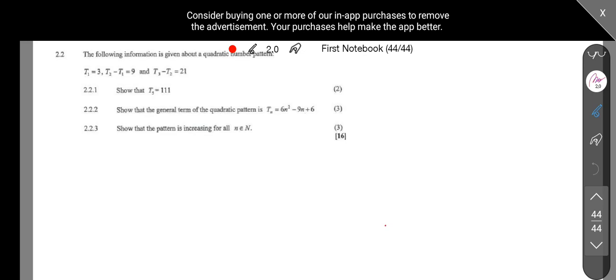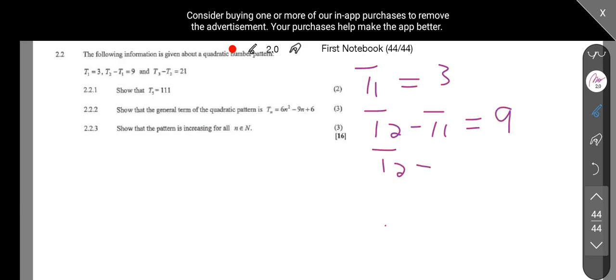They said term 1 is 3, and term 2 minus term 1, which is 3, is equal to 9. This means that term 2 is equal to 9 plus 3, and that is 12.